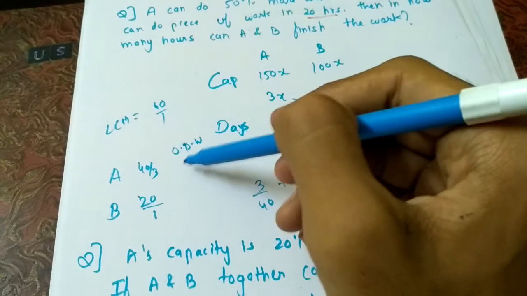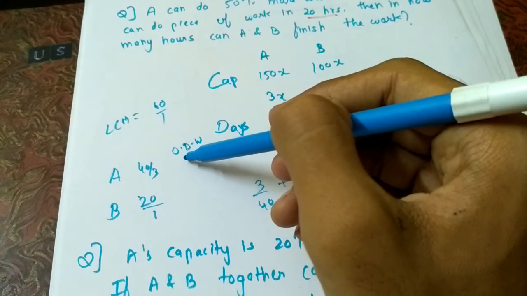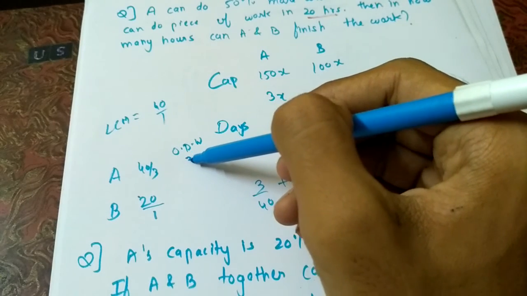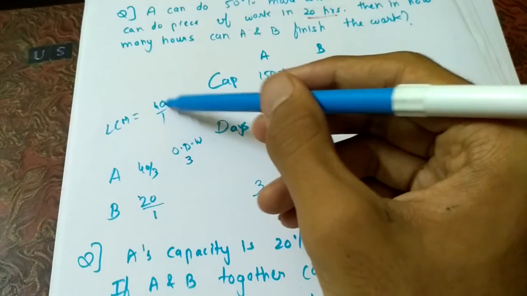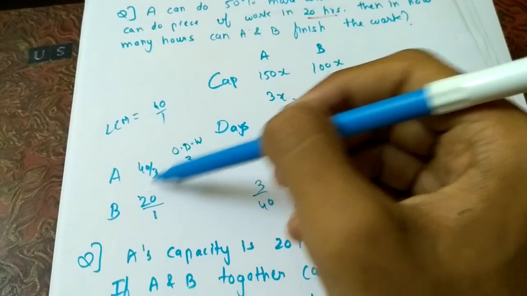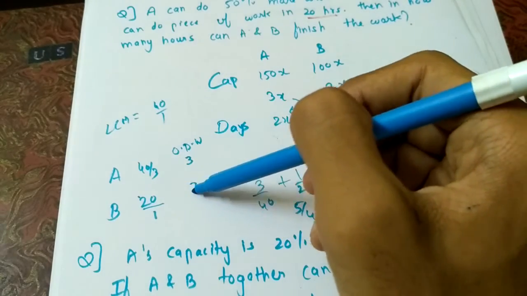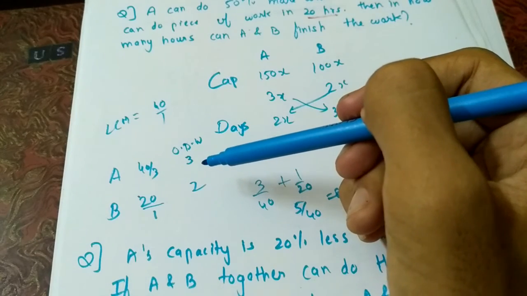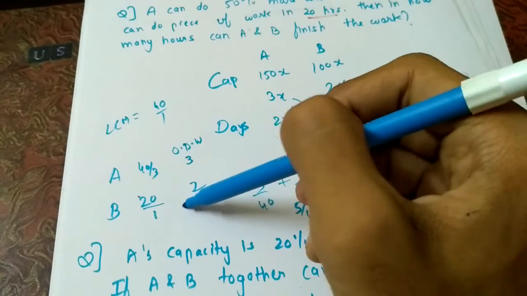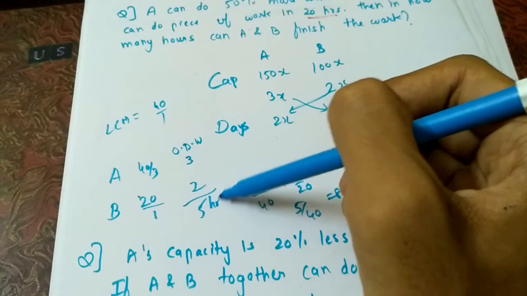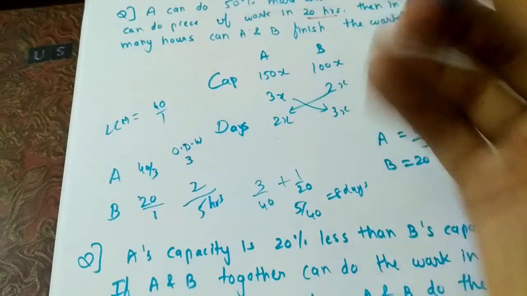So LCM is 40. So what will 1 day work be? Okay, total work 40 divided by 40 by 3, that is 3. And similarly we will get 2 over here. So we will get 5 when A and B both are working together.